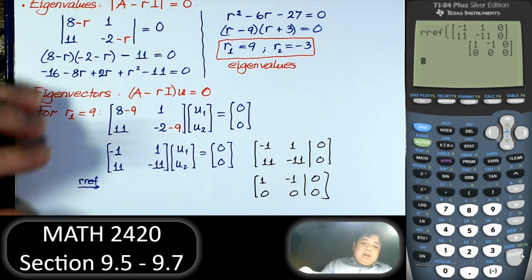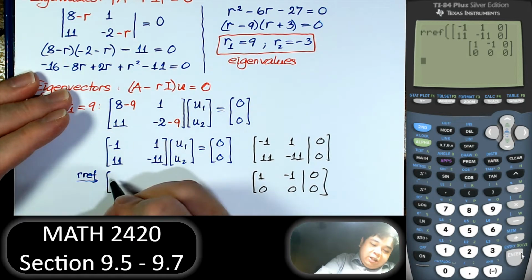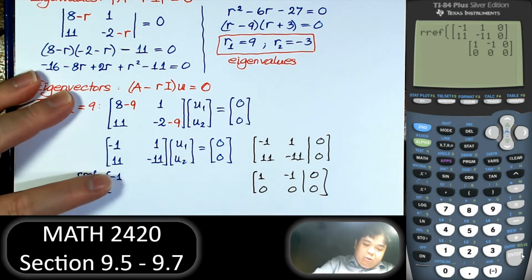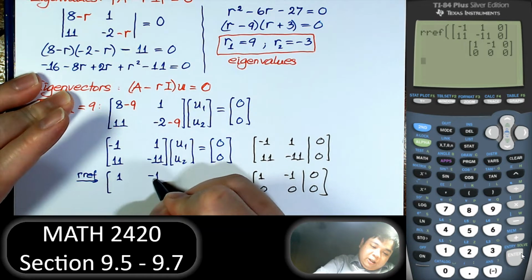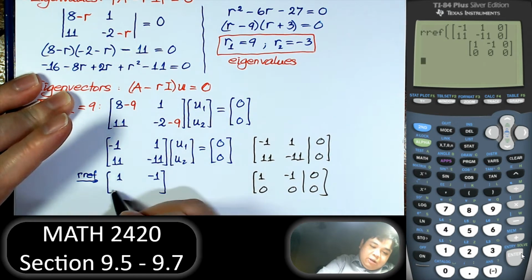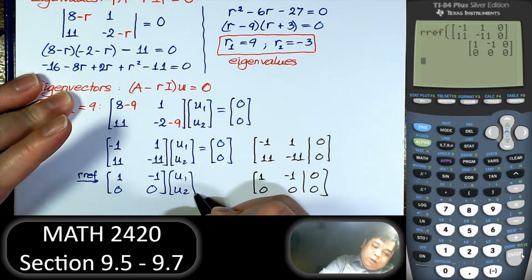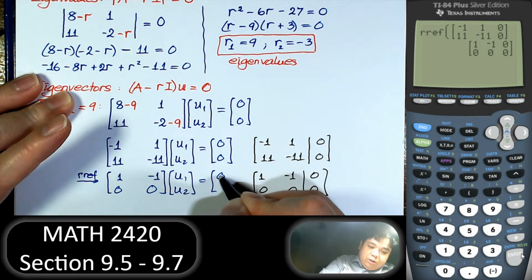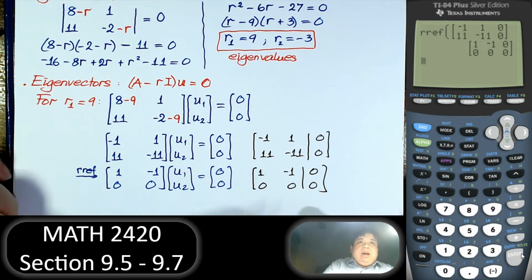If we write that in matrix form instead, we have 1, negative 1, 0, 0 times U1, U2 equal to 0, 0. So we can write it in the augmented matrix or in the matrix form. Those will be the same.